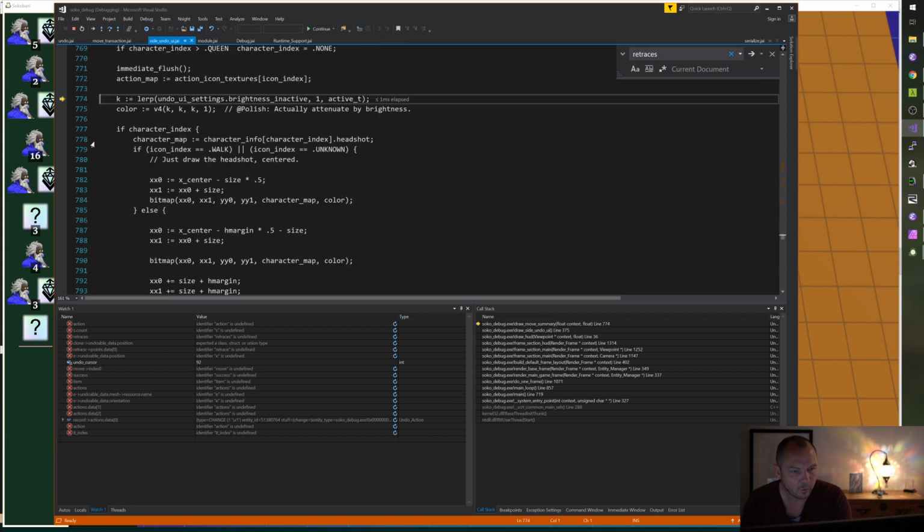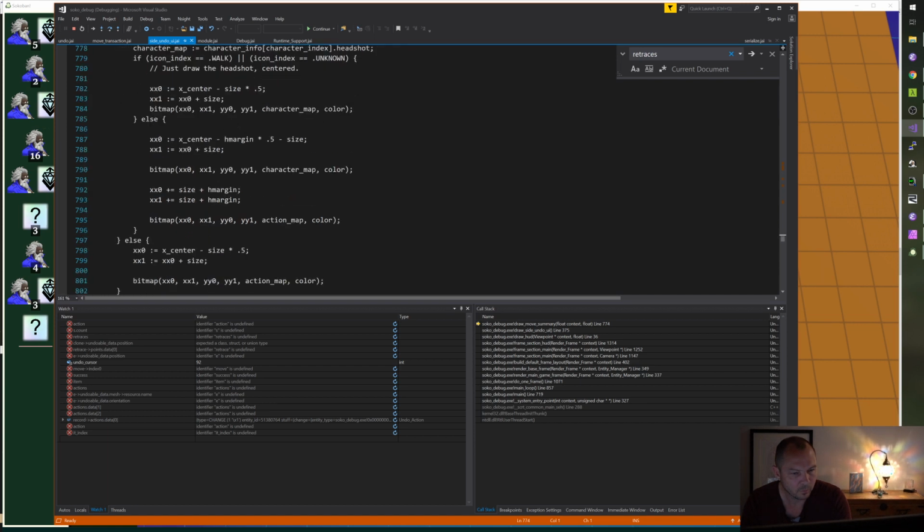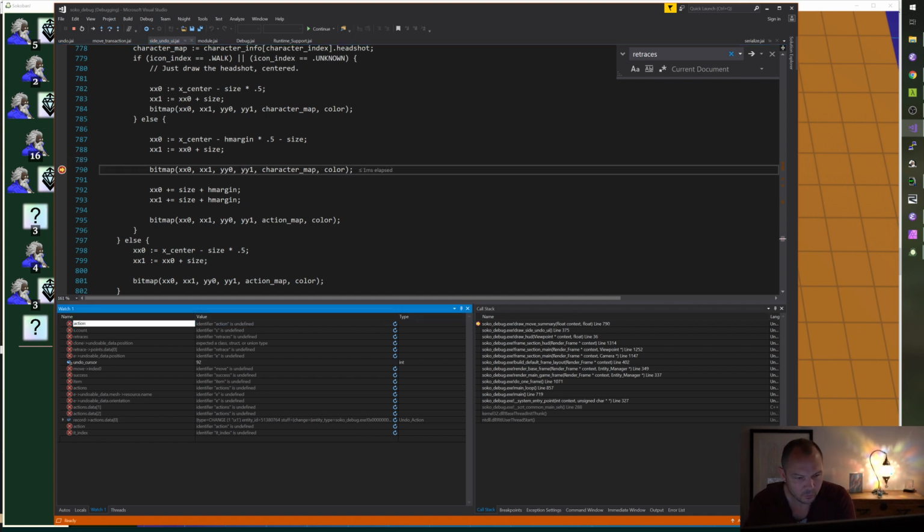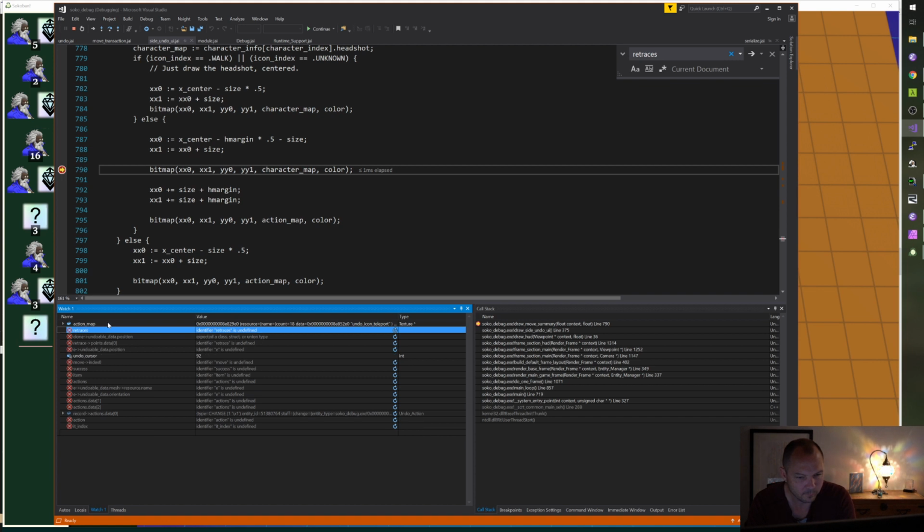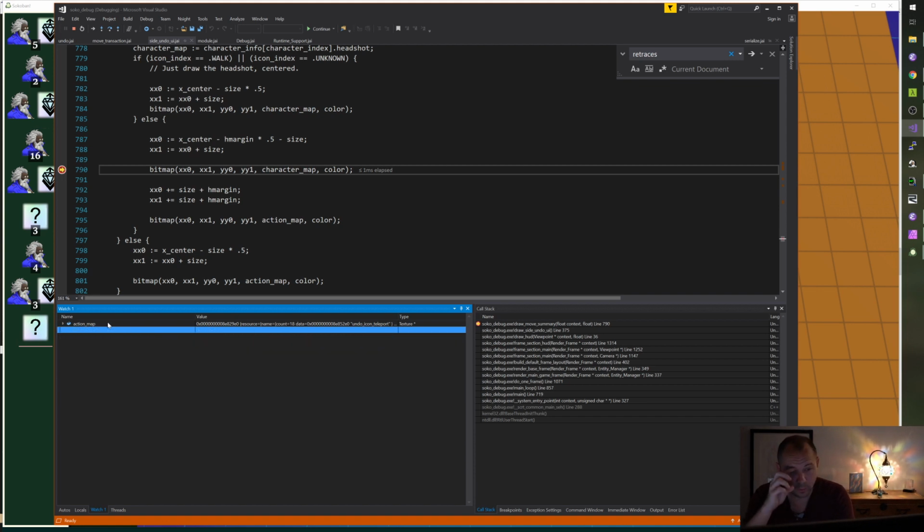We have character index. We're really down here. Action map. Undo icon teleport.